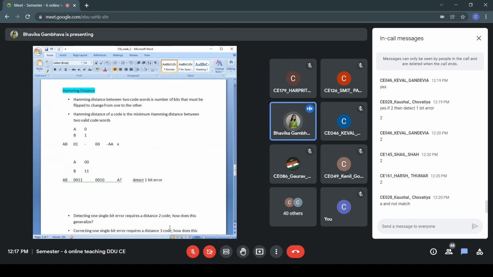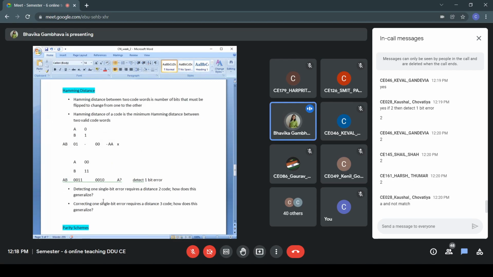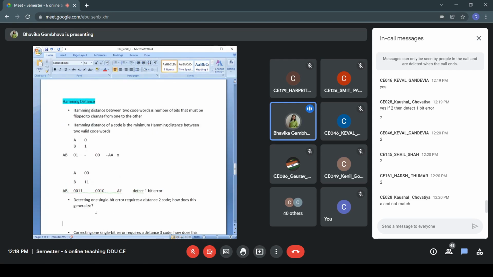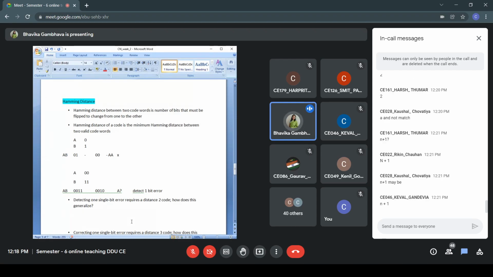Can you tell me a generalized one, that if I want to detect up to n bit errors, then what should be the Hamming distance? Yes, exactly.